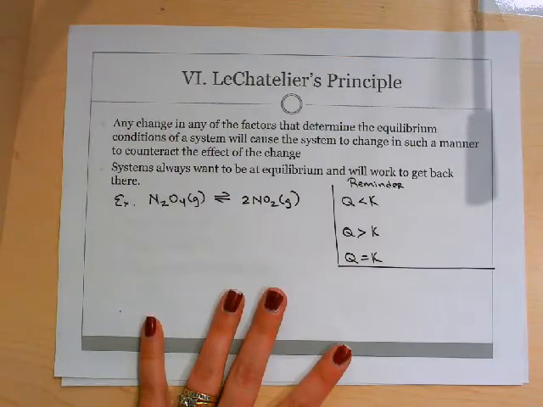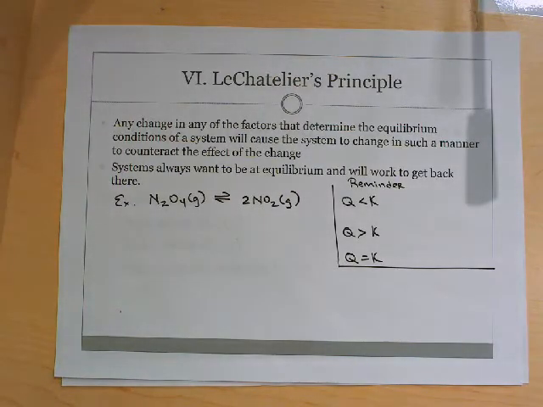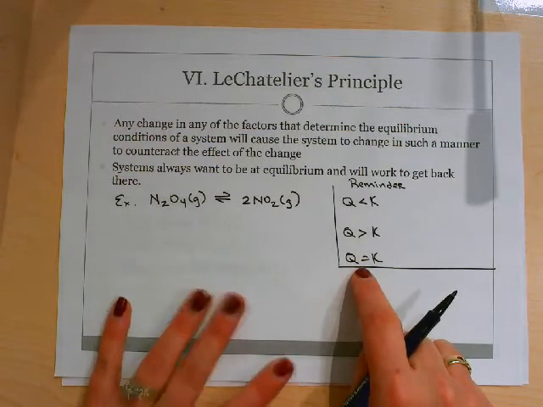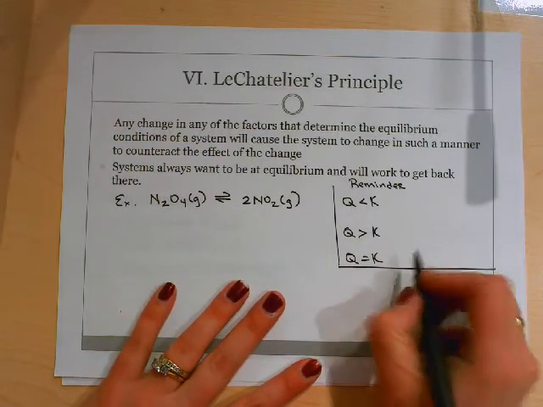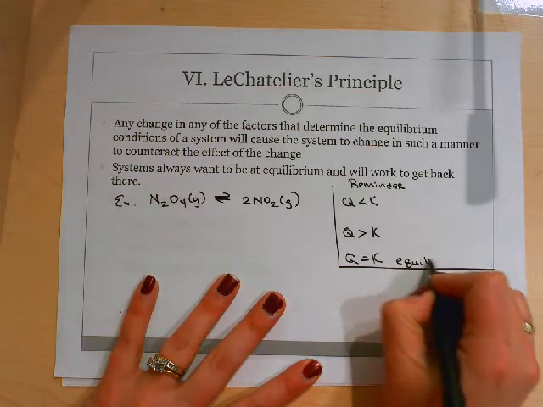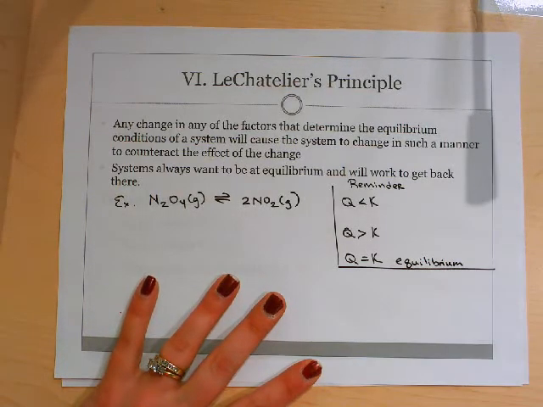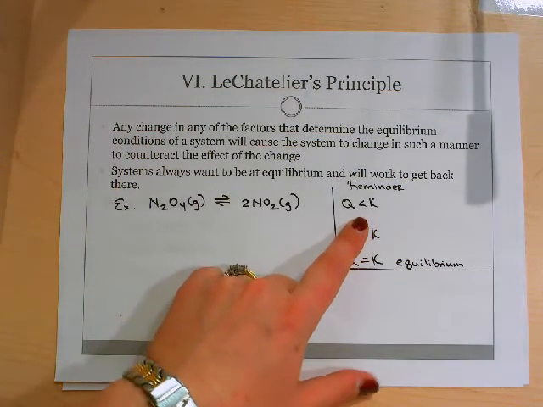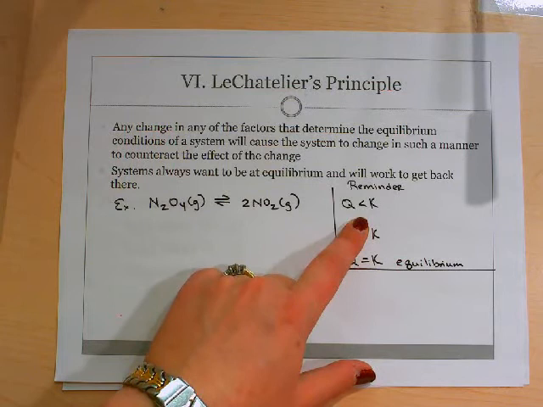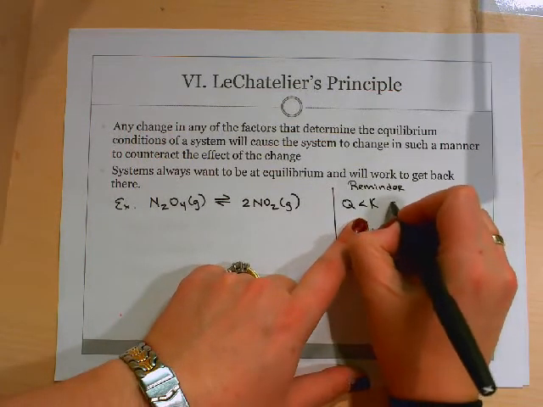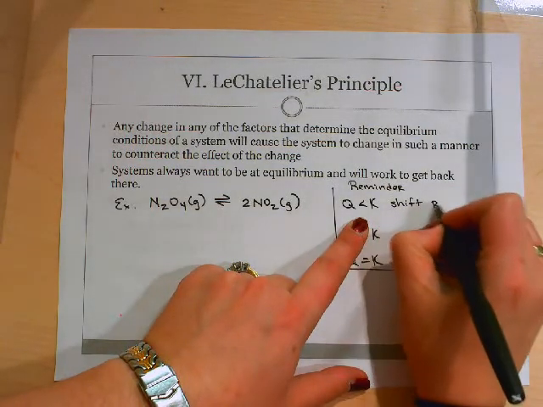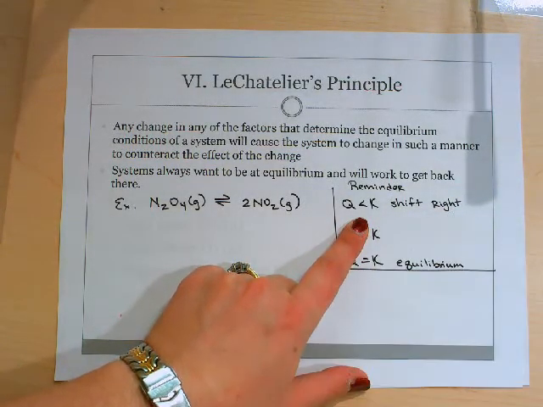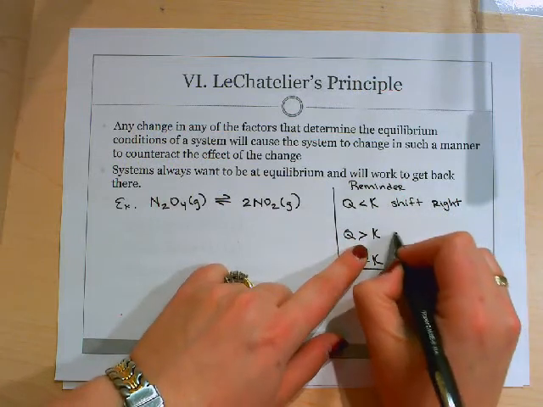Those are our three positions that Q can be in. It can either be less than K, greater than K, equal to K. Where are we at if Q equals K? We are at equilibrium. If we are at Q less than K, what does the reaction have to do to get to equilibrium? Then this must be shift left.